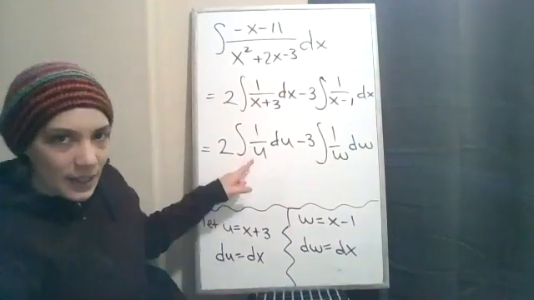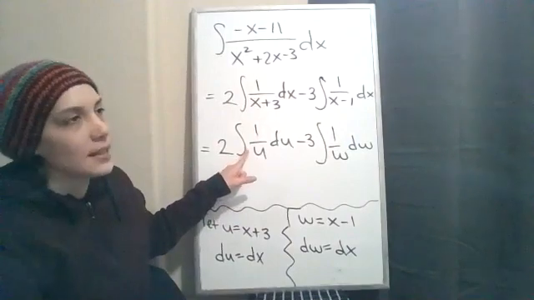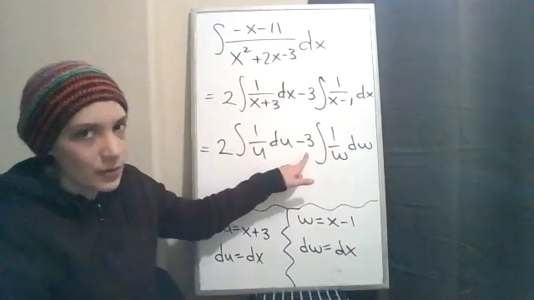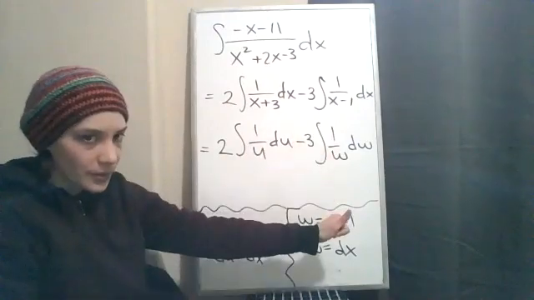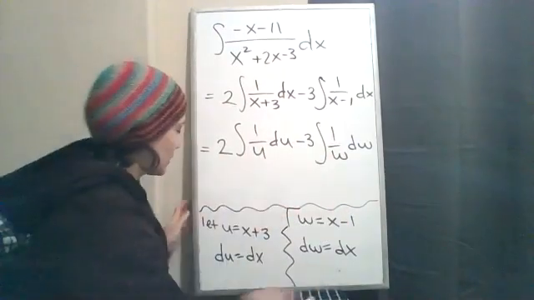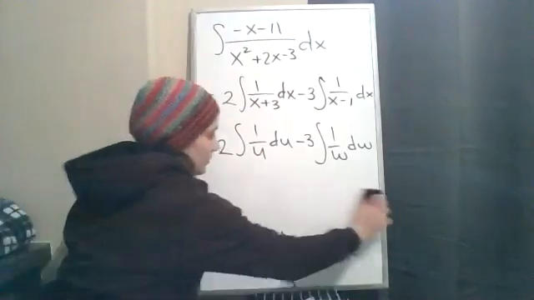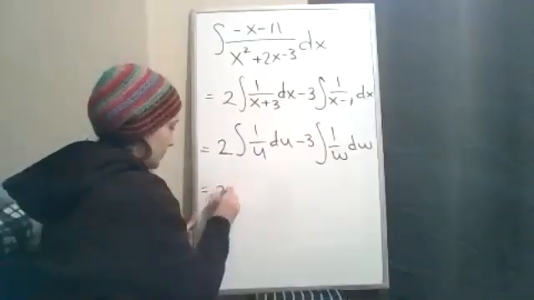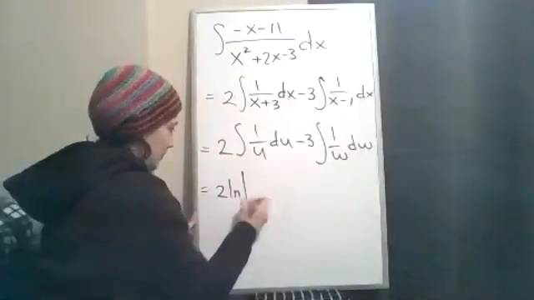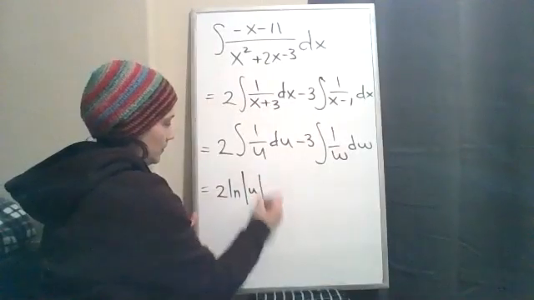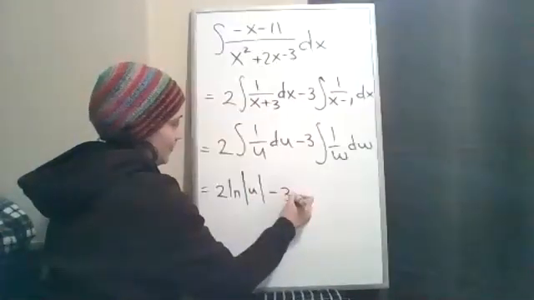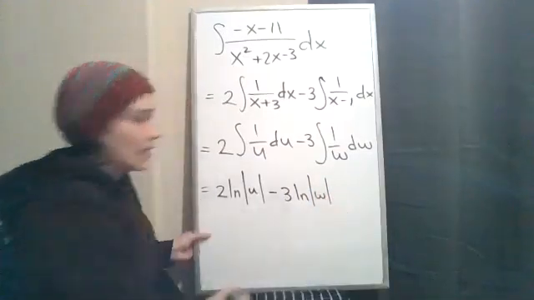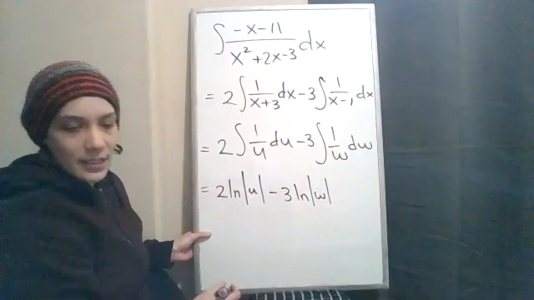Okay, this would be 2 times ln of the absolute value of u minus 3 times ln of the absolute value of w. Did I add c?